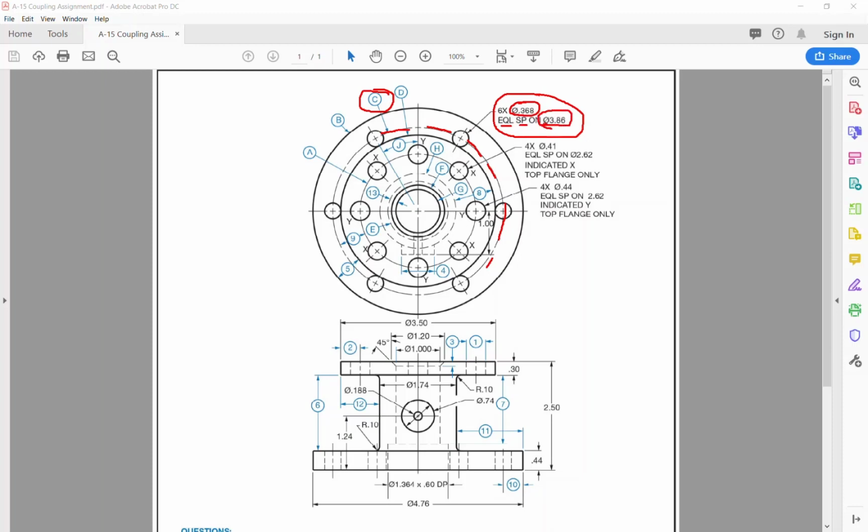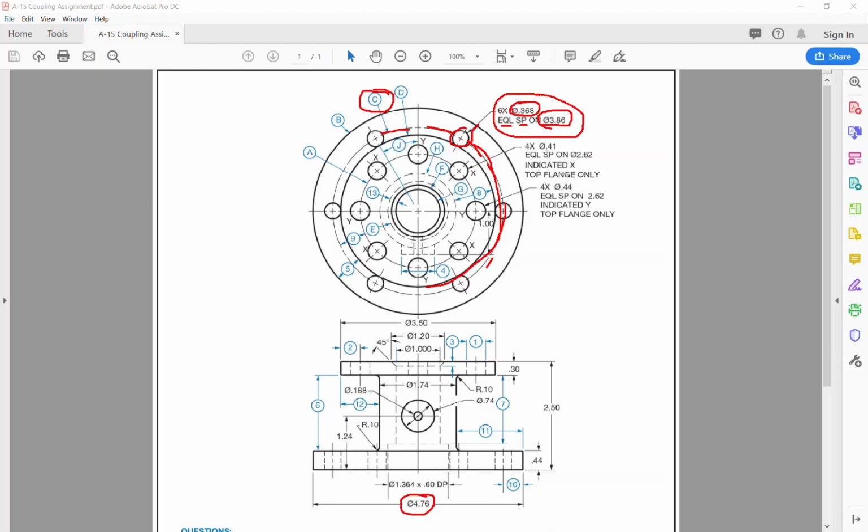Now there's no mistake that the larger circle here is 3.86 and that the hole is 0.368, because it wouldn't make sense if the hole was 3.86, because the overall size of the flange is 4.76. It would be way too huge.